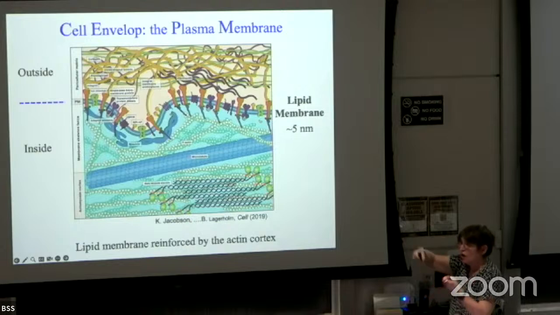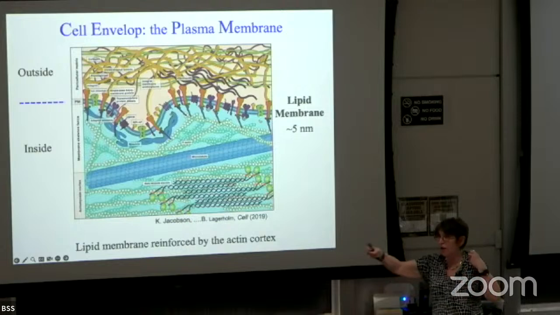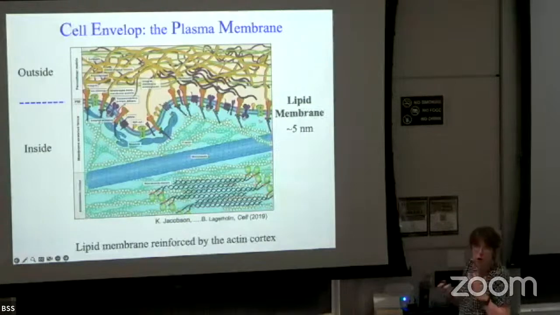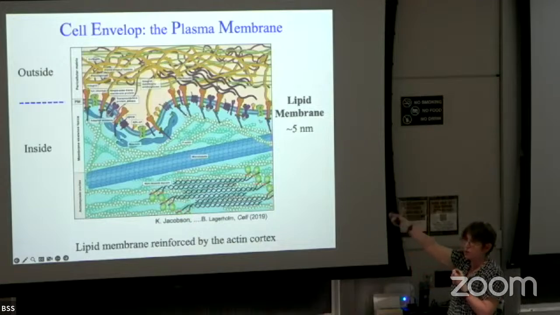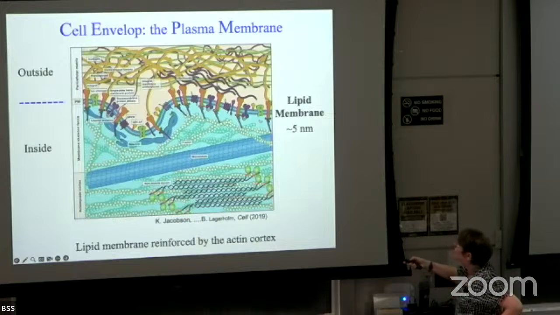So it's like a kind of mechanical connector between the exterior and the interior. Some of them are also very important because they allow the cell to transport ions or molecules which are outside to the inside, because the membrane is also impermeable to big molecules. So some of them, like this molecule here, are like transporters.